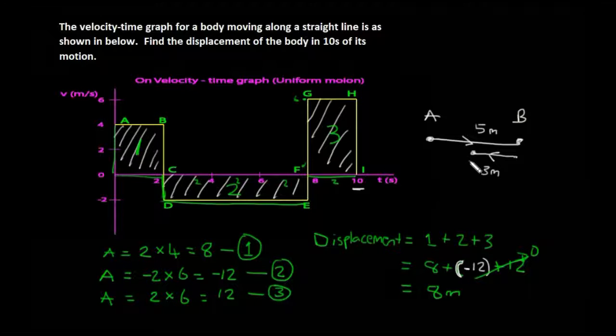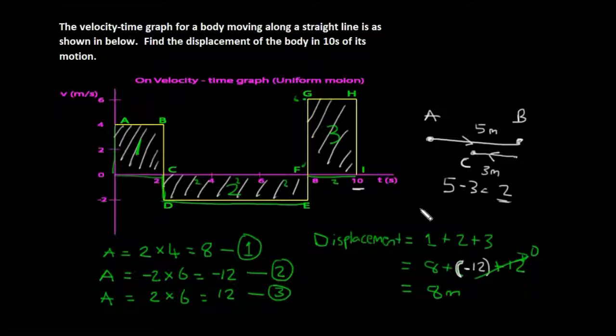So what is the total displacement? This is what we call point C. From point A to point C, the total displacement will be what? 5 meters minus 3 meters, which is equal to 2, because 3 meters you walked in the opposite direction. That is the displacement. It is very important.